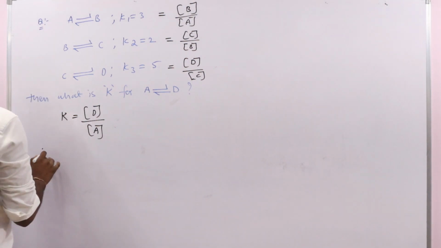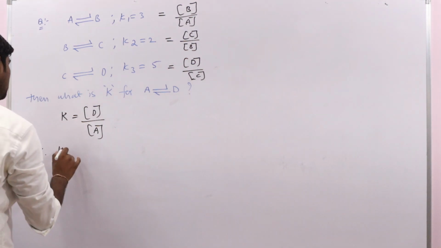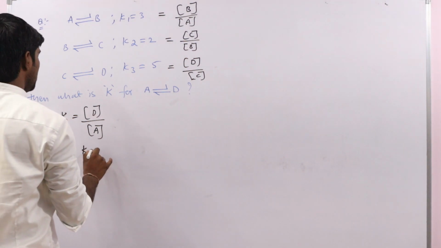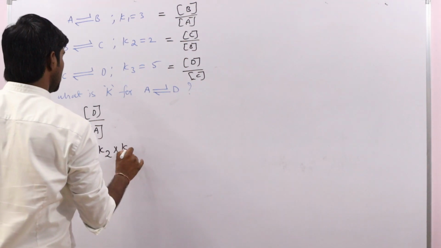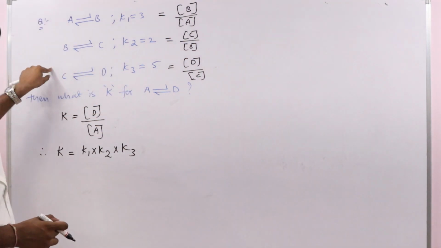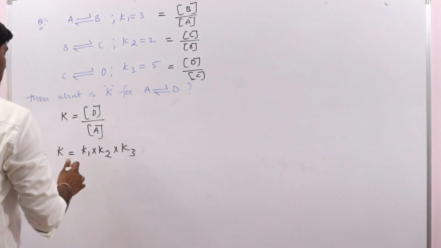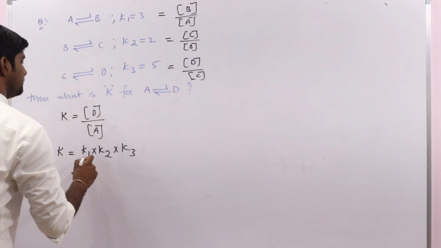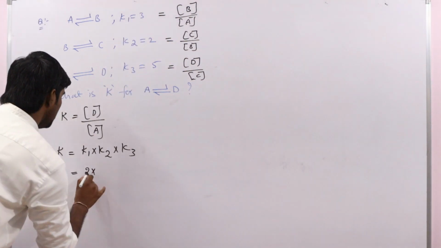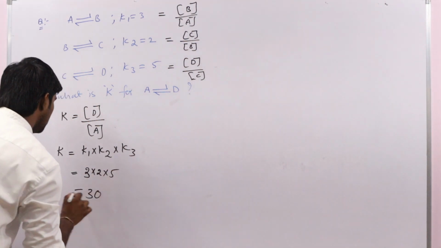Now if you add these three reactions, the equilibrium constant for the resulting reaction equals K1 into K2 into K3. Just now we discussed that when two or more reactions are added, the equilibrium constants are multiplied. So we get 3 into 2 into 5, 6 into 5, that is equal to 30.